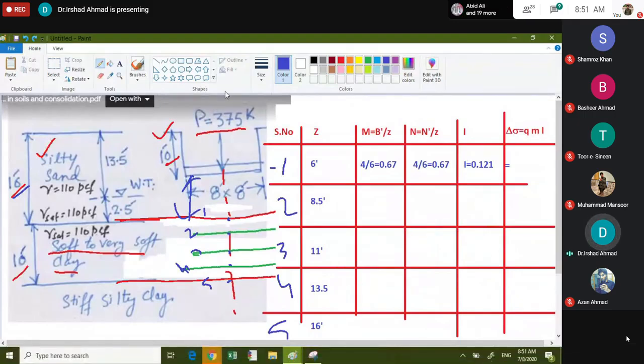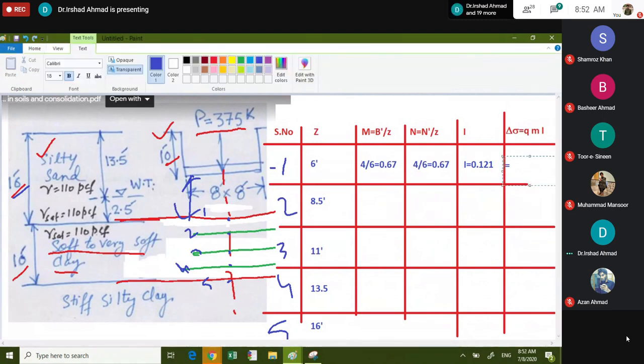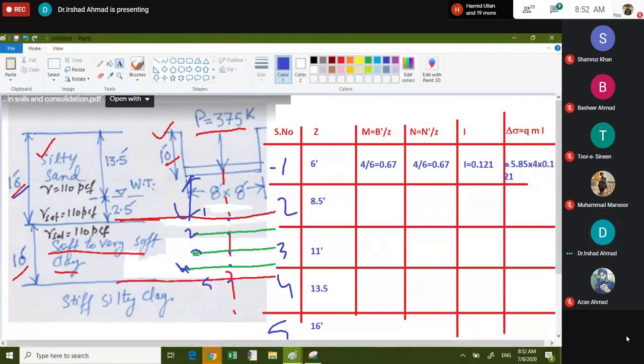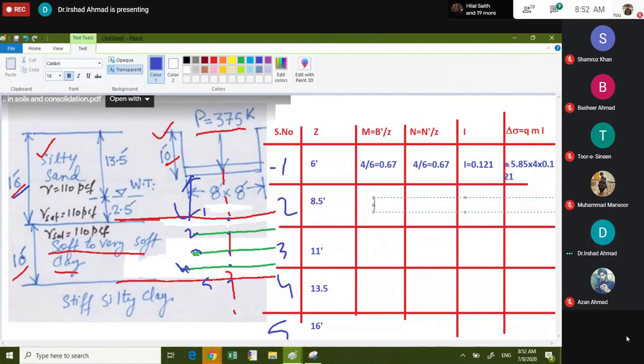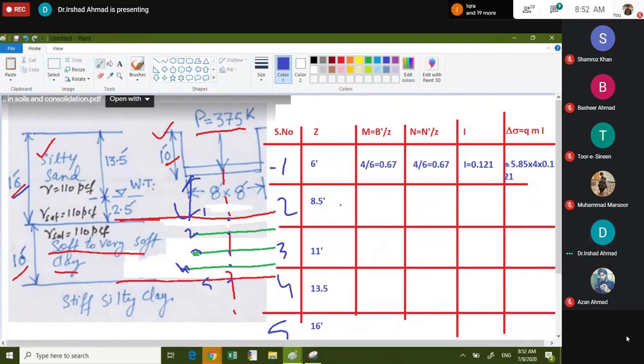So come here. Delta sigma is equal to 5.85 into 4, m is 4 because it is under the center of footing, into I is 0.121. So you calculate the value of delta sigma. Same goes for this, this, this, and this.